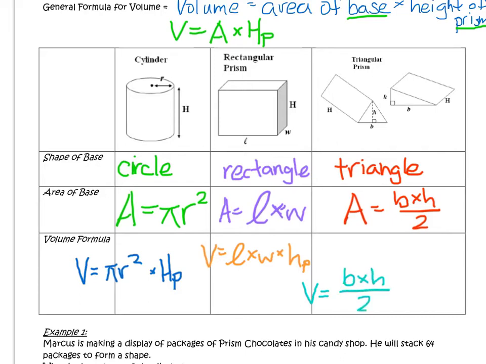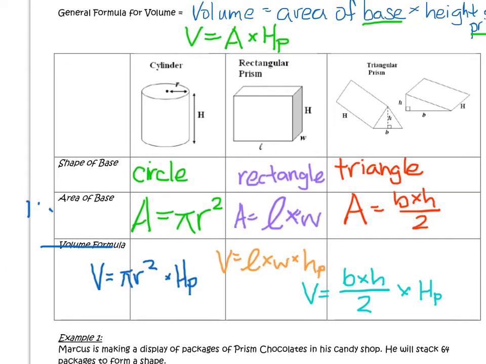What we just said was area of a triangle times the height of the prism. So it's all pretty straightforward, and most of us should be able to memorize those formulas. If you don't understand how we got that volume formula, at least you have to memorize how we got the area of the base. So those formulas you must have memorized.